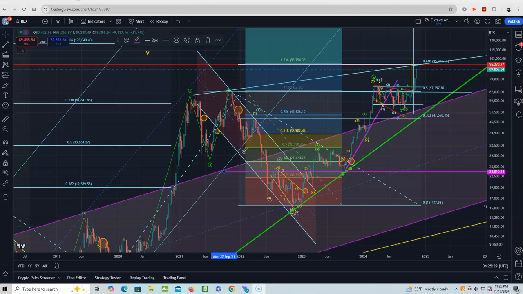Then we'll be going into a look at the Bitcoin ROIs by cycles. And I'll be showing what I believe to be compelling evidence that the top is currently in on Bitcoin.